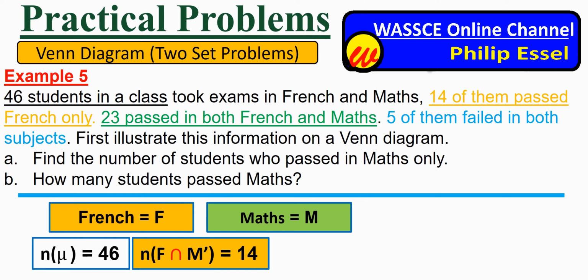The number of students who passed both French and Maths is 23. So F intersection M will be equal to 23. So let's write that information down. 5 of the students failed in both subjects. We would represent this by F union M, all in brackets, complement, equals 5.